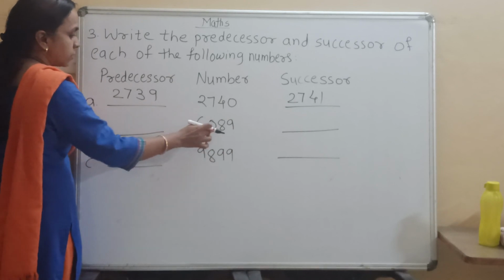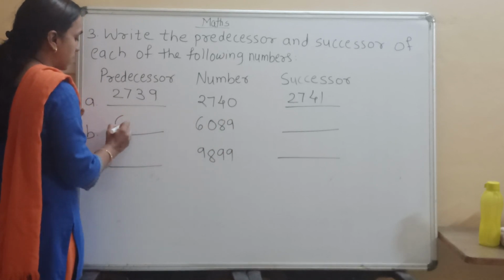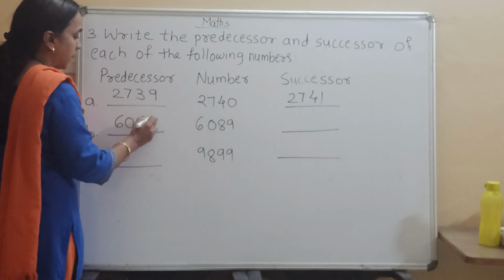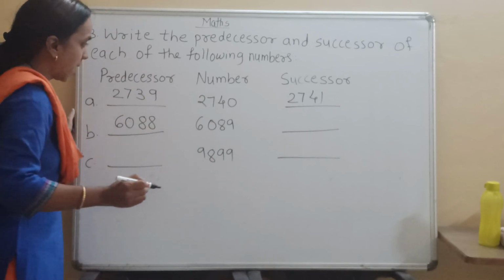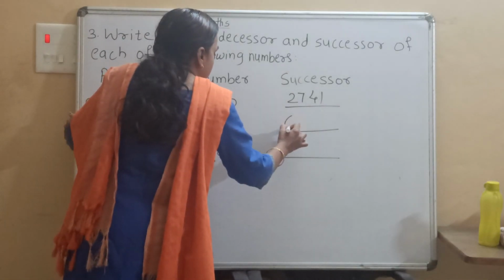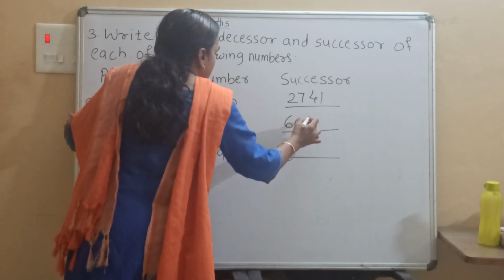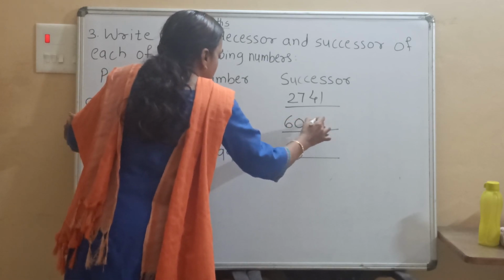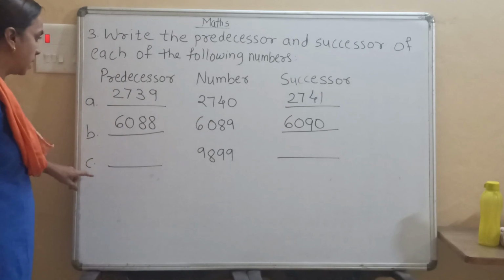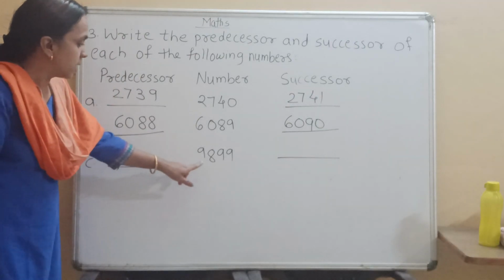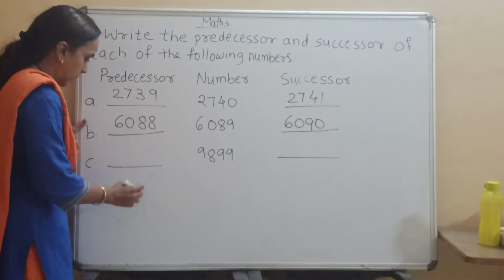Then the B example is what? 6089. 6089 minus 1, 6088. Okay. And successor means what? 6089 plus 1, 6090. Then the C example is what? 9899.